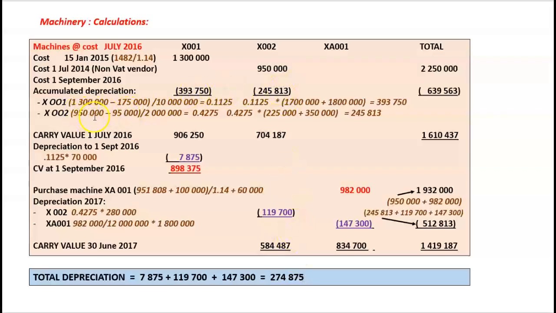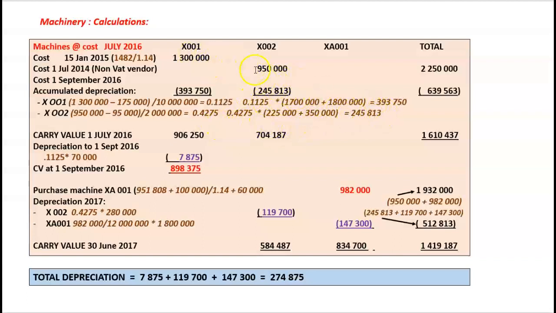There's our rate per unit. Cost less estimated residual value divided by total capacity, 42.75 cents per unit, multiplied by the total number of units up to the beginning of the year, which will give us 245,813.